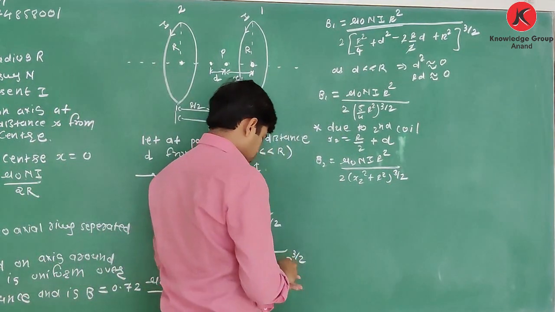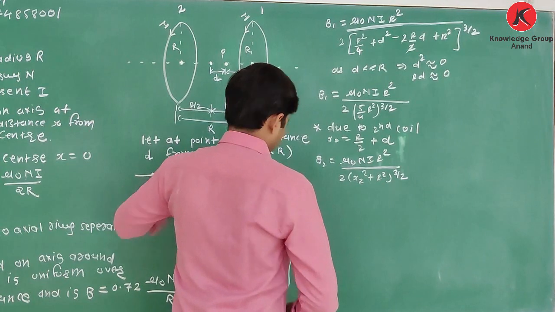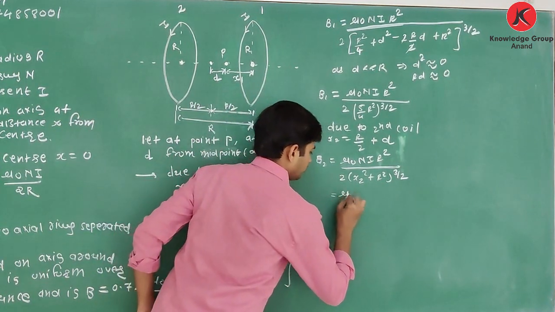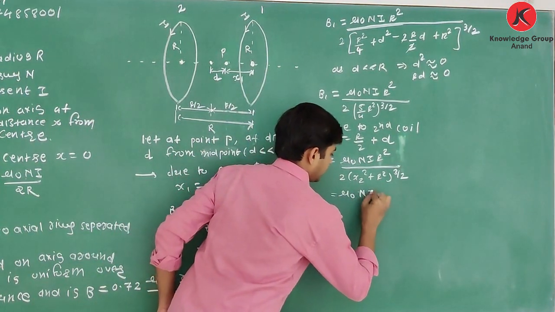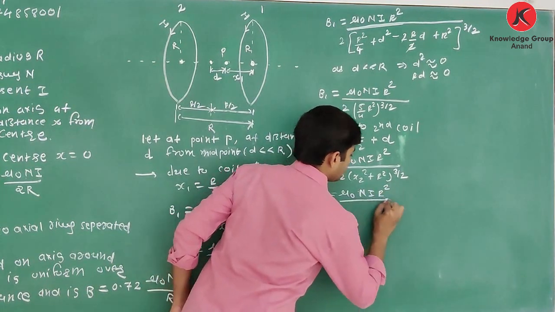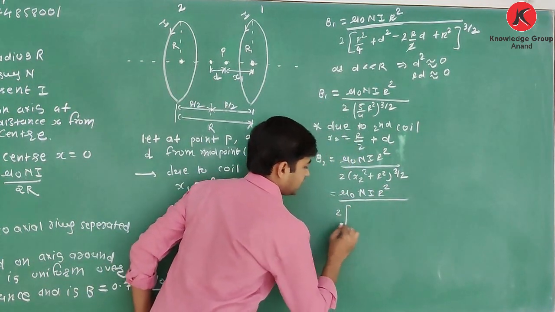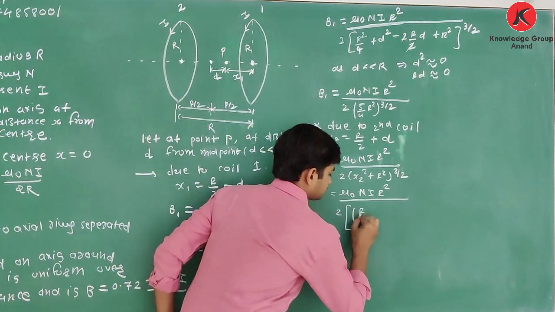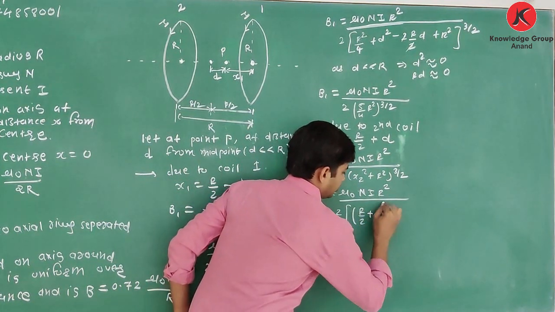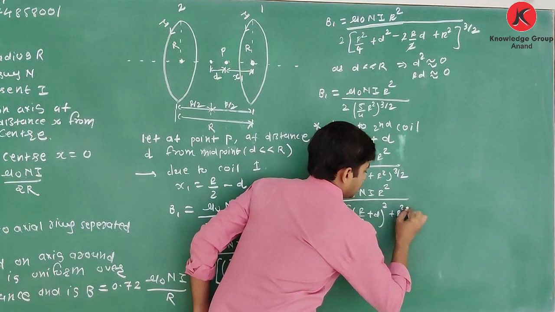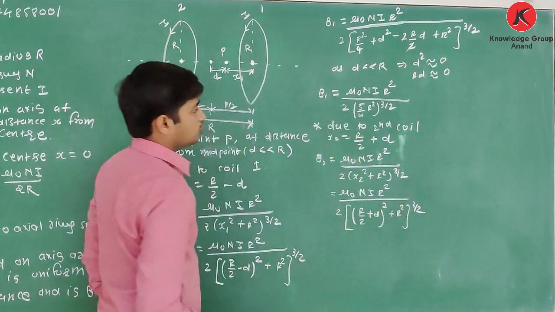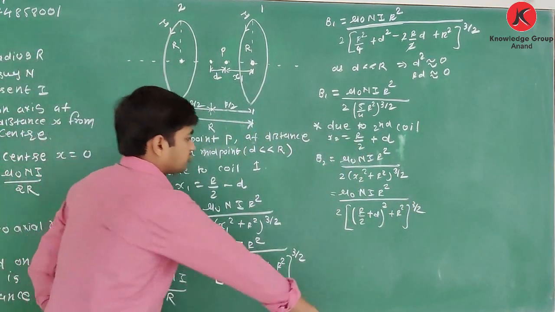So B2 is equal to mu 0 N I r square upon 2 in bracket, (r by 2 plus d) whole square plus r square, raised to 3 by 2. Now simplify this term.